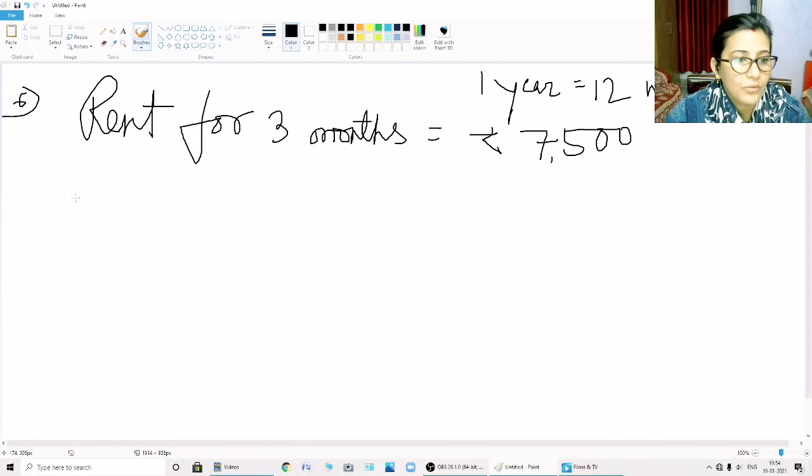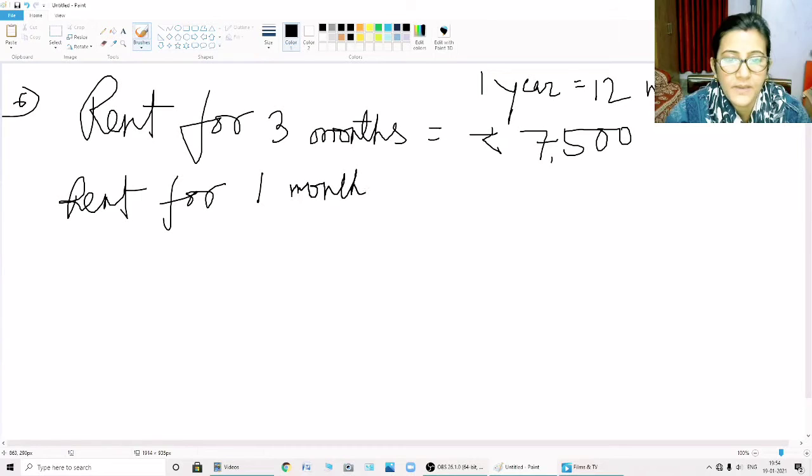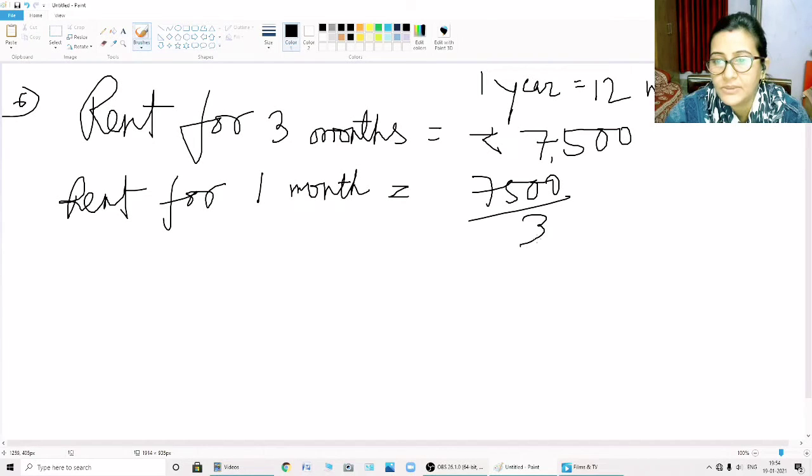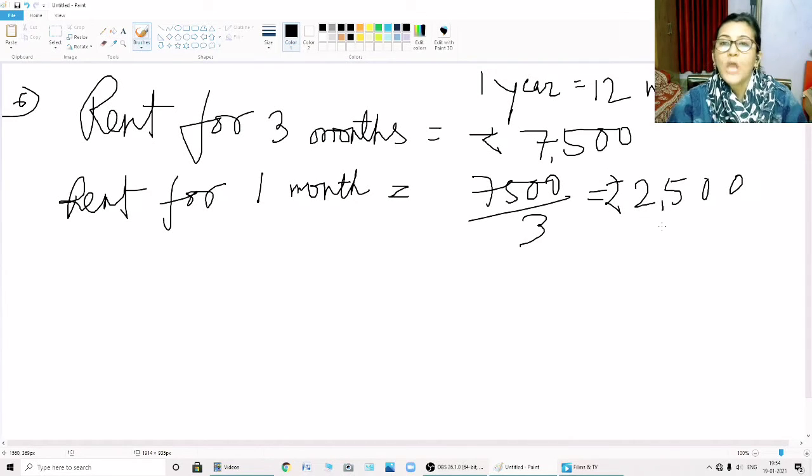Now write rent for 1 month, because in the unitary method you need to find 1 month. Simply write 7500 divided by 3. It will be 3 2s are 6, 3 5s are 15, 0 0 here, since it is an amount. So 2500 is the rent for 1 month.